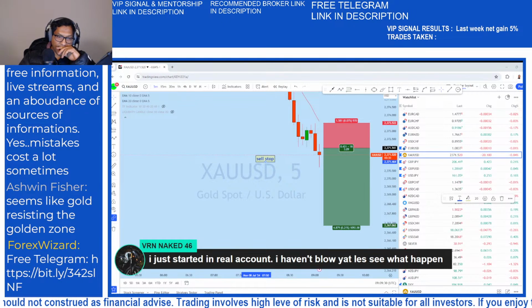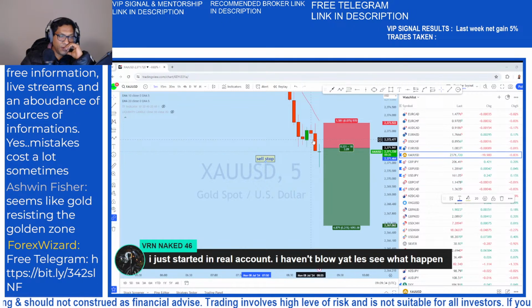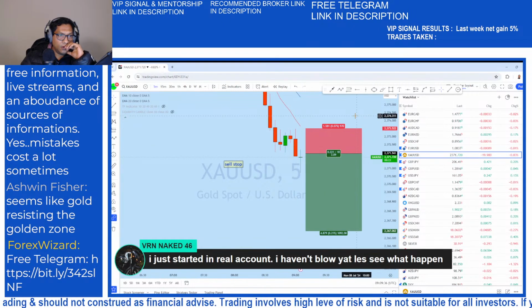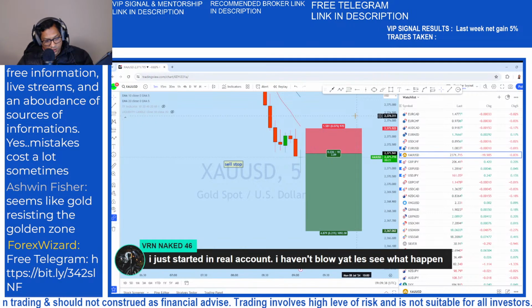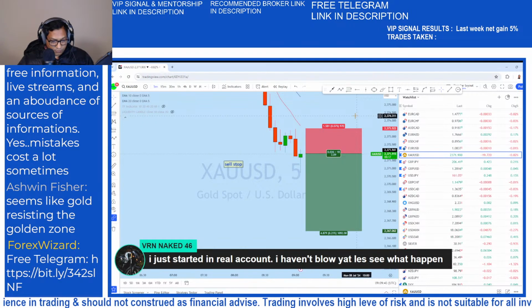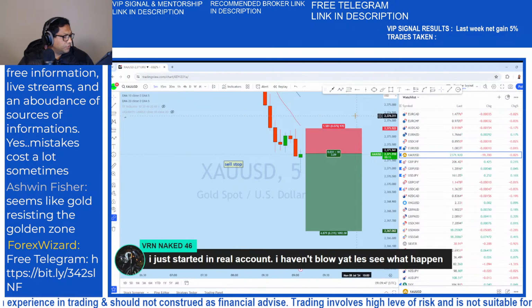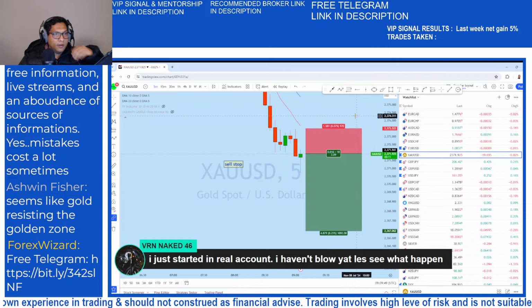Trading with the trend is like going with the flow. As a trader, it's very important that you understand the importance of trading with the trend, which is very important.